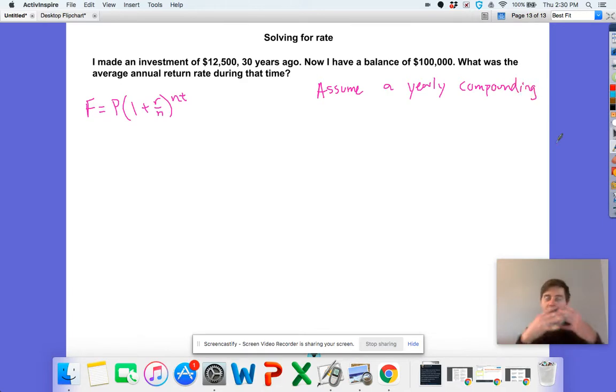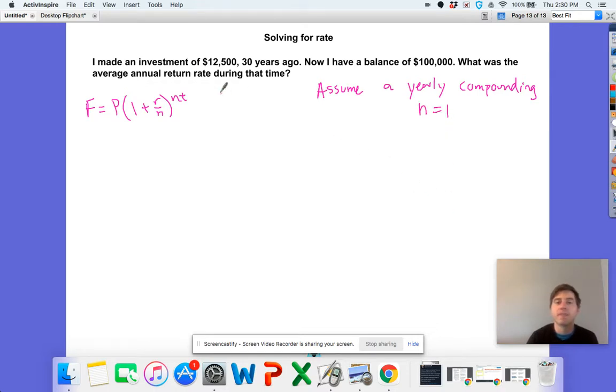When we say what has been your average annual returns, we're referring specifically to annually. Like, what have you gotten year over year over year? So we're considering yearly. So we're just going to use this, and we're going to say that n is 1.